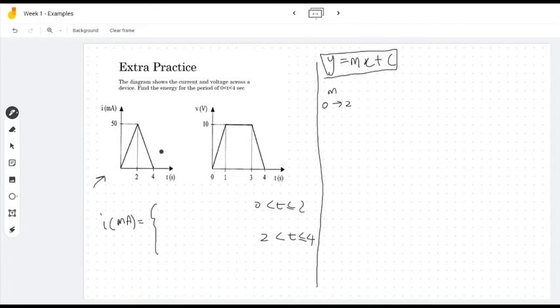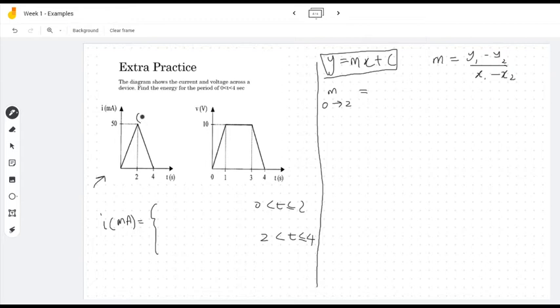Now let us look for time t, 0 to 2. M from 0 to 2, you have to get 2 points, isn't it? Let me just put the equation. M is y1 minus y2 over x1 minus x2. So you define what is your x1, y1 and x2, y2.